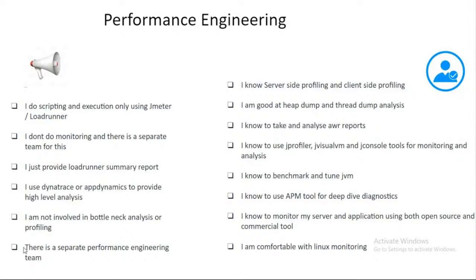You should be able to comfortably use tools like JConsole, JVisualVM, and JProfiler for your monitoring and profiling. Right? When it comes to benchmarking, JVM tuning, and JVM configuration, you'll be able to perform various tests, recommend, and set the parameters for your heap, your thread, and your GC parameters.